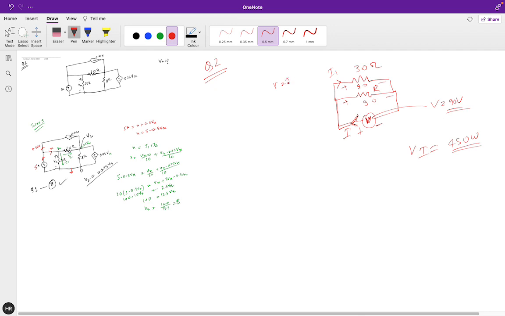V is equal to I into R. So 90 equals 30 into I. So I is equal to 3 ampere. 3 ampere current will flow, right?